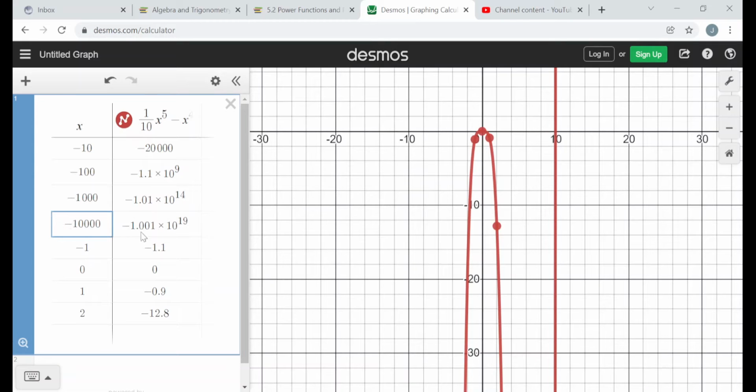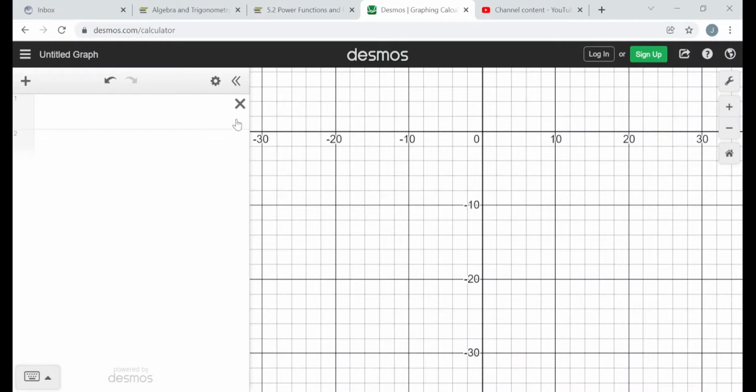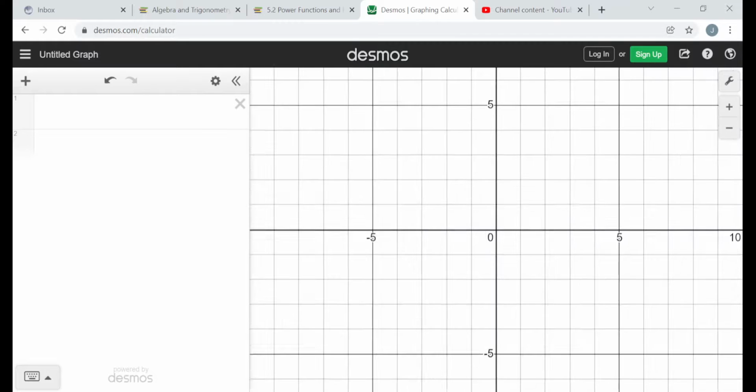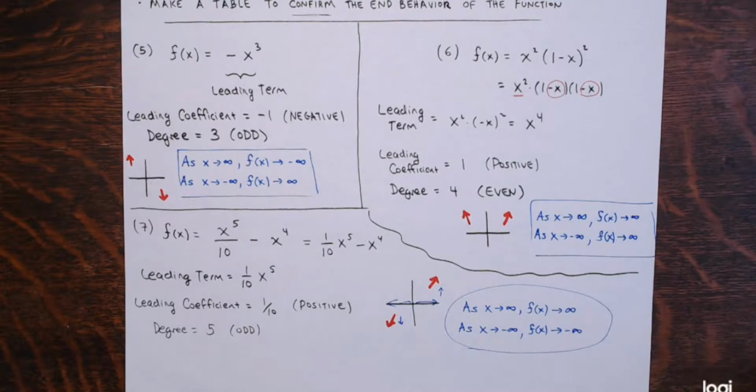And then negative 10,000 is even bigger negative. So what we're seeing from the table is that as I move left, as x goes to negative infinity, the output is going to negative infinity as well, getting bigger and bigger negative as I move left. So the table confirmed that, and you can see that in the graph once you zoom out. Great. And that is all.